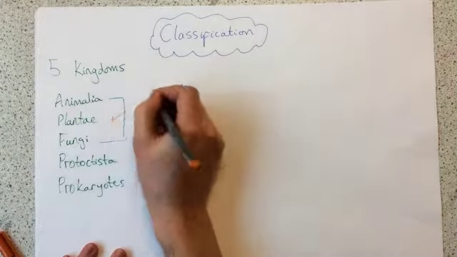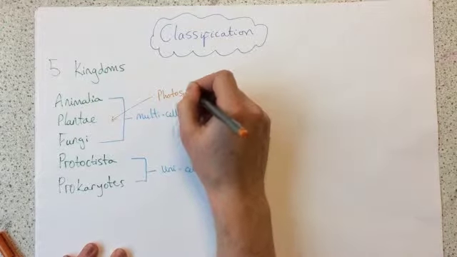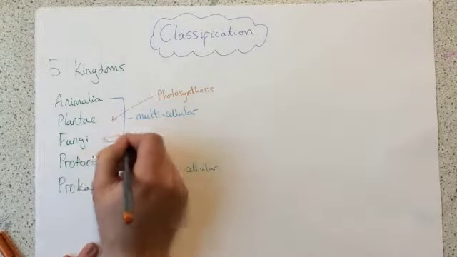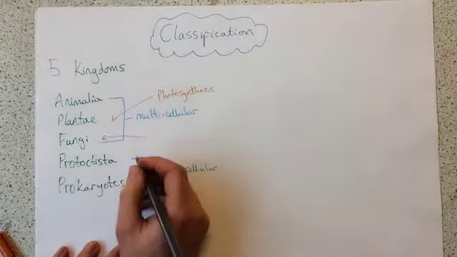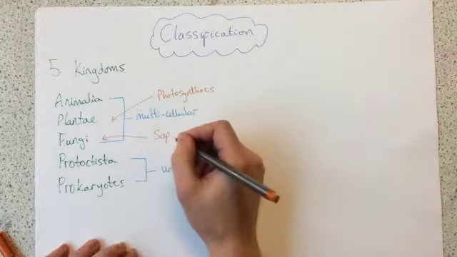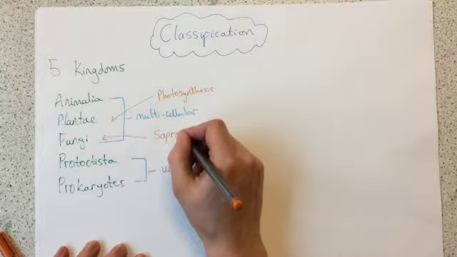Plants undergo photosynthesis to get their food. Animals, we eat it, we call it heterotrophic. And fungi, they decay their food, they feed from dead matter. And we call this saprophytically.